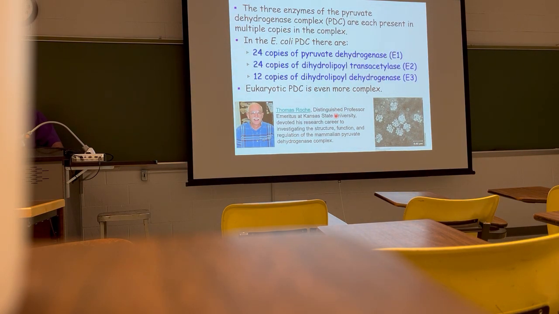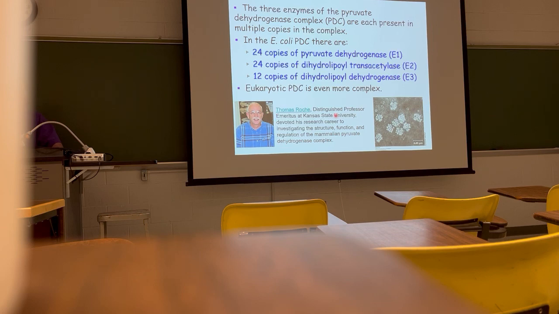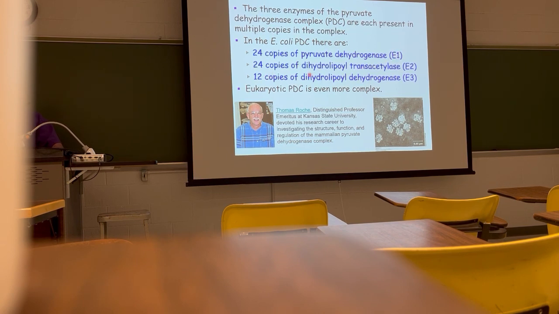There are 3 enzymes, 3 kinds of proteins that make up the pyruvate dehydrogenase complex, and it's in a very big multi-protein complex. So with quaternary structure, in bacteria and E. coli, there are 24 copies of an enzyme called pyruvate dehydrogenase that we can talk about easier as enzyme 1, 24 copies of an enzyme dihydrolipoyl transacetylase that we'll call enzyme 2, and 12 copies of dihydrolipoyl dehydrogenase that we'll call enzyme 3.